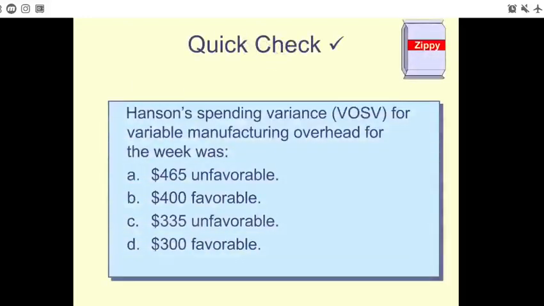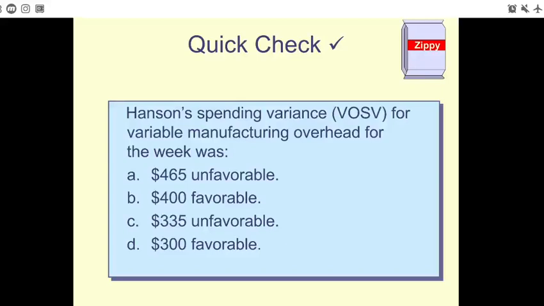So let's see the calculation here. Hansen spending variance. Oh, I missed, I think there is a missing slide. Let's see what we can see from this slide.